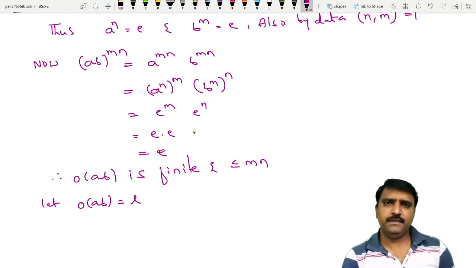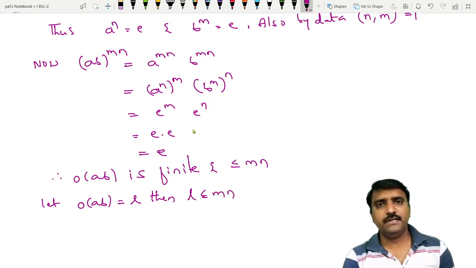If the order of AB is L, will this L be more than mn or less? It must be less, because if L is the order, then AB to the power of L is E, and AB to the power of mn is also E, so definitely L must be less than or equal to mn. So this L is less than or equal to mn.